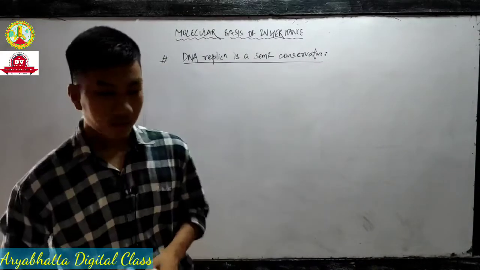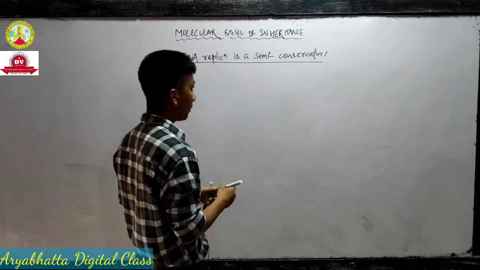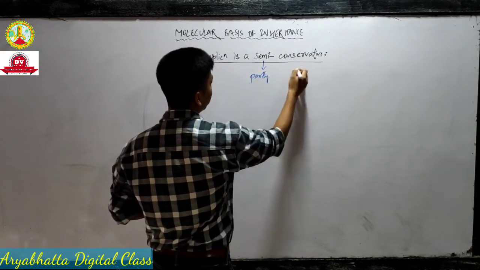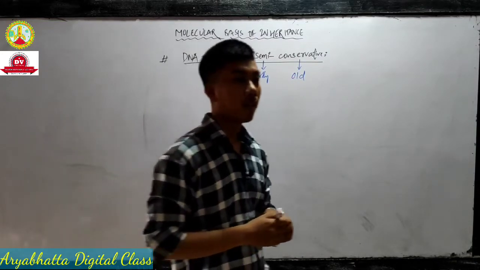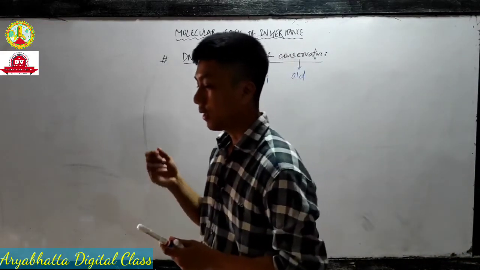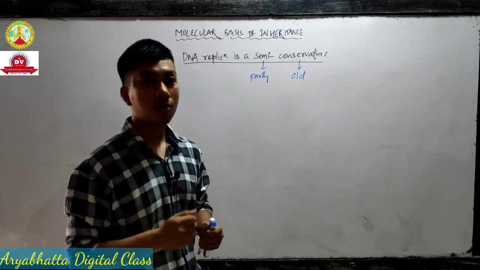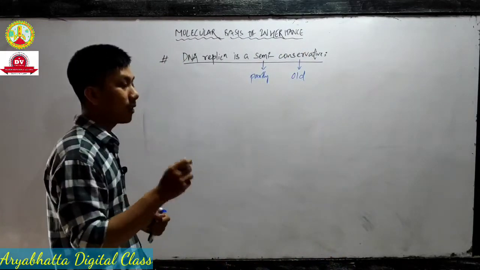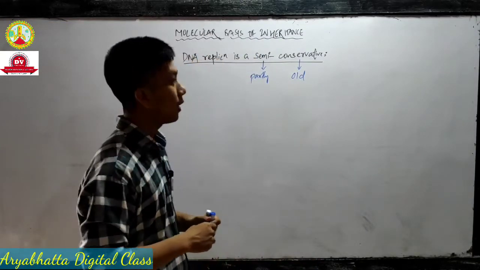That means semi means partly, and conservative means old. That means the new strand which was synthesized is synthesized from the old strand of DNA, and that strand is half or partly old.